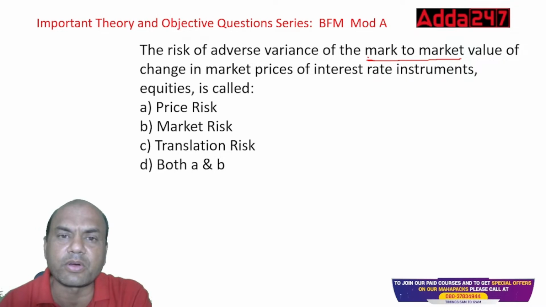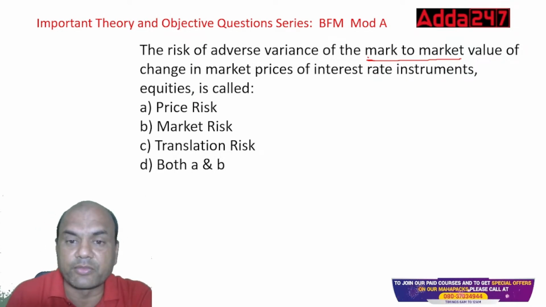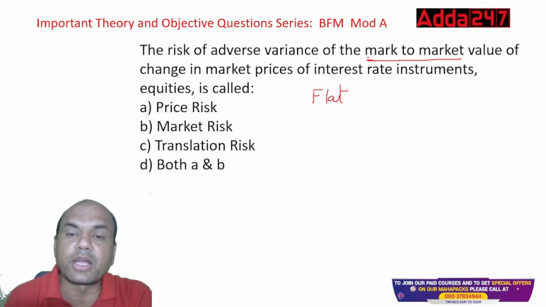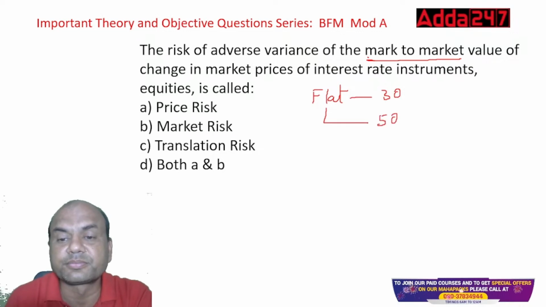Suppose you have purchased a flat for staying. You won't be selling it now because you are staying in it. But you get the daily rates for it. Certain brokers come to you and say, sir, the flat you bought at 30 lakhs is now worth around 50 lakhs.